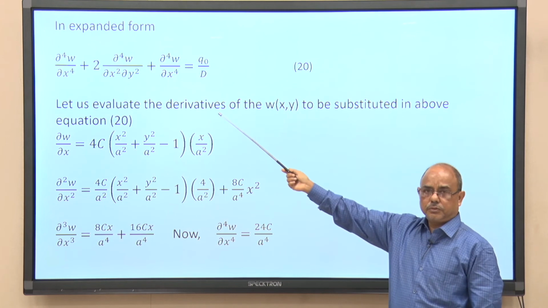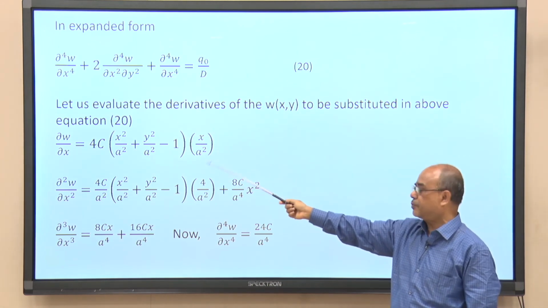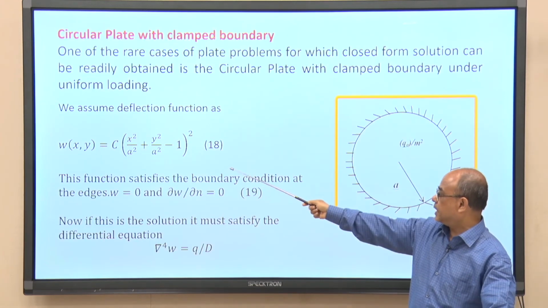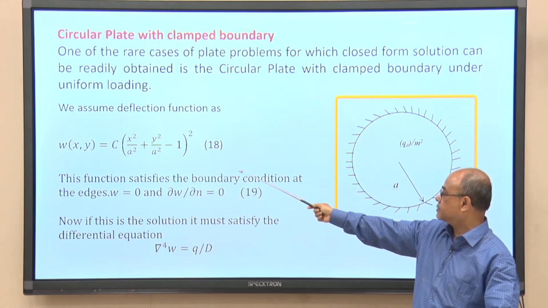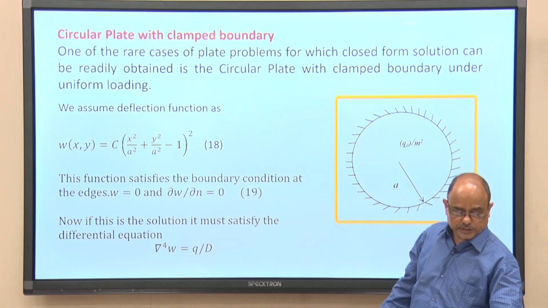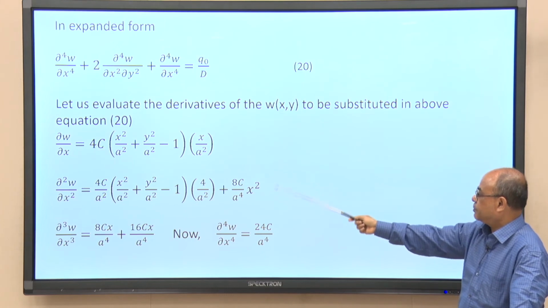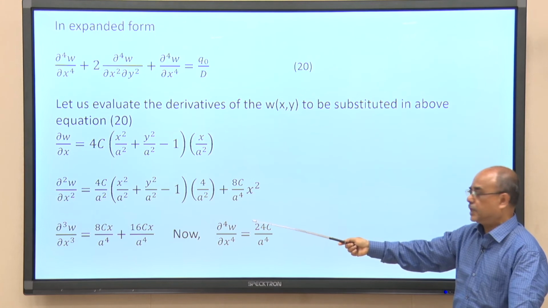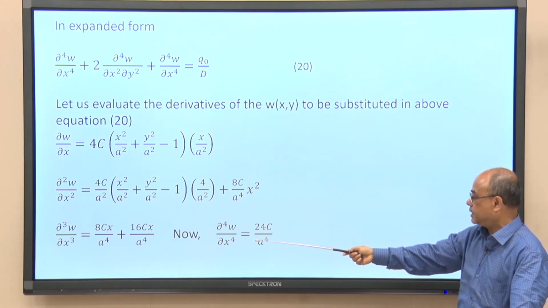Now, you require here to evaluate or know the derivatives up to fourth order, because the expression is given for w as c into (x square by a square plus y square by a square minus 1) whole square. So, you can successively obtain the derivatives. Del w by del x is obtained, del square w by del x square is obtained, del cube w by del x cube is obtained.